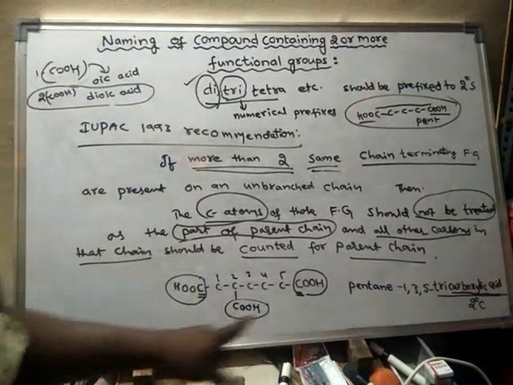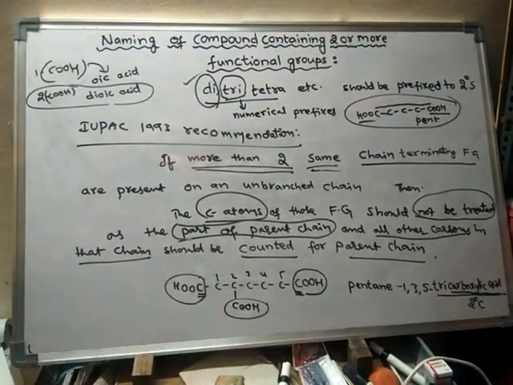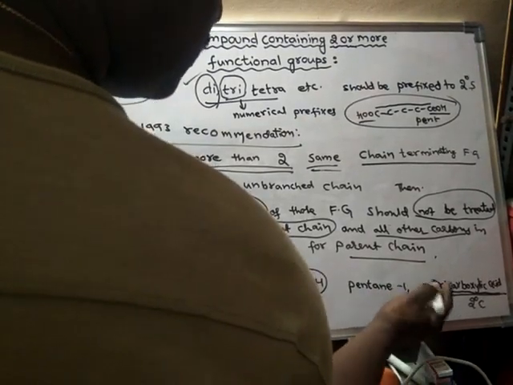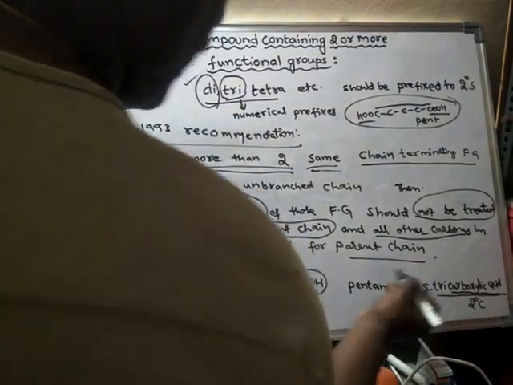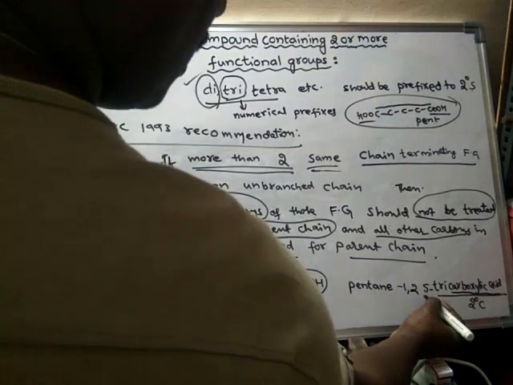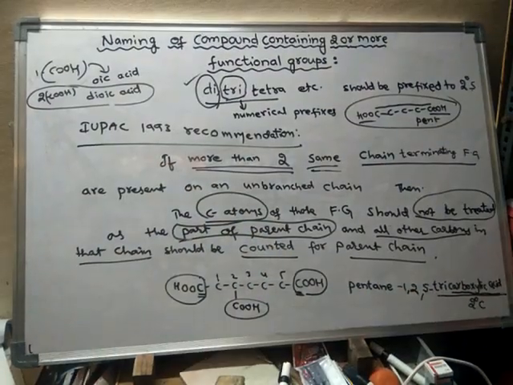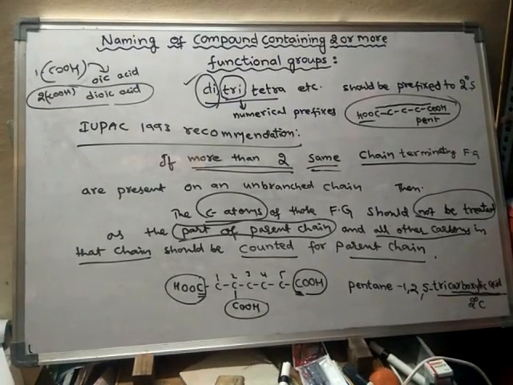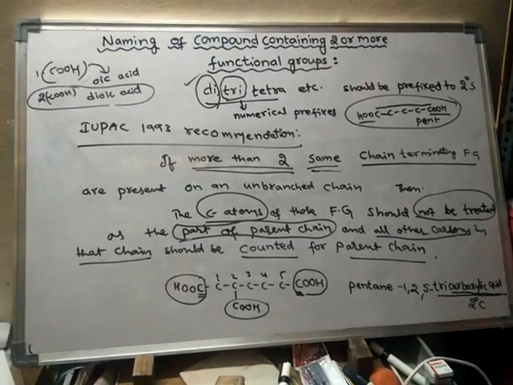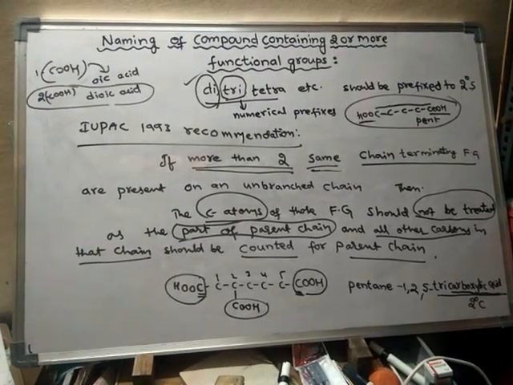But the number will change: 1, 2, 5. 1 comma 2 comma 5 tricarboxylic acid. So like this. We'll learn some more examples.